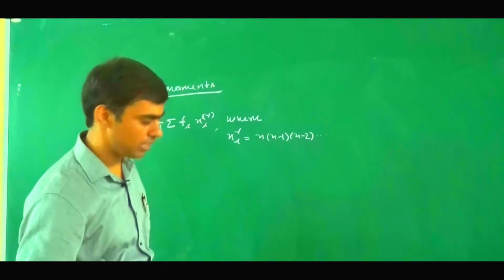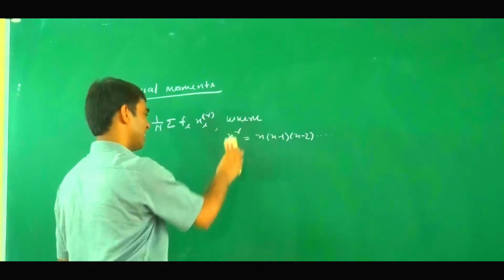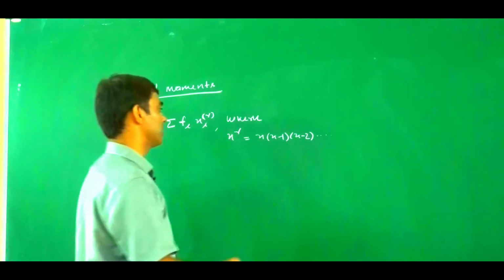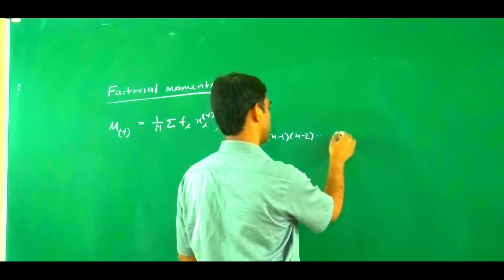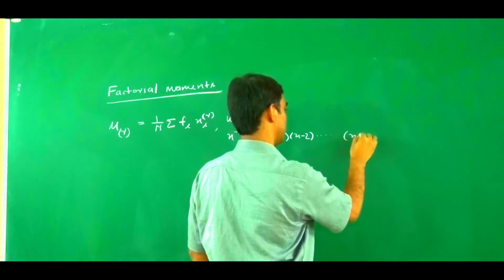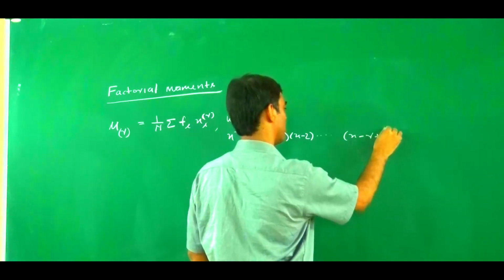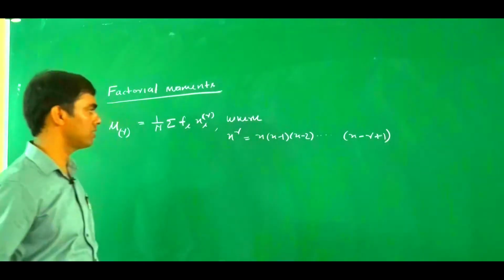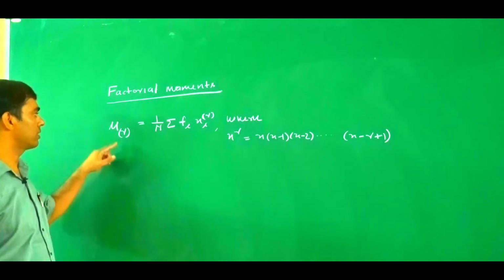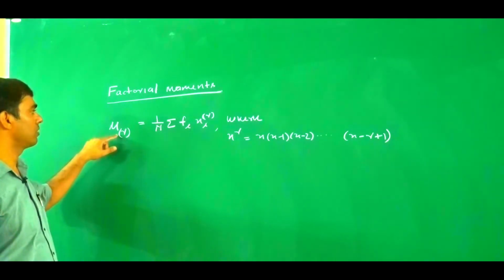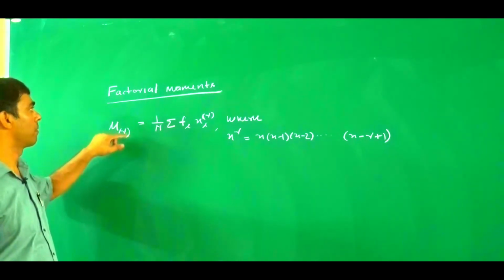Not xi here, we write x to power r. x to power r is x, x minus 1, x minus 2, up to x minus r plus 1. So this one is mu r, the factorial moment.